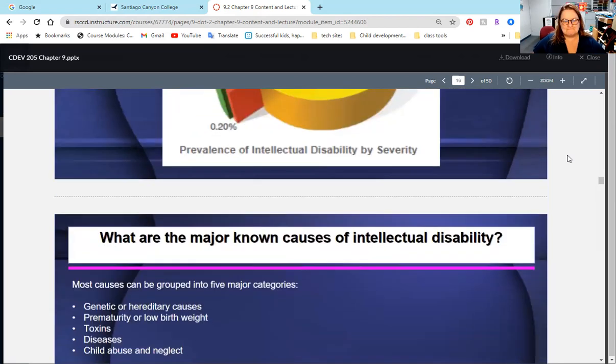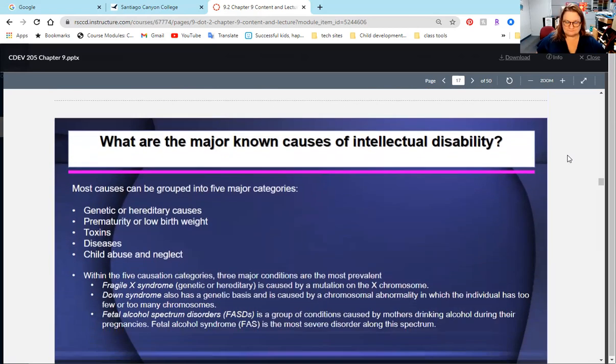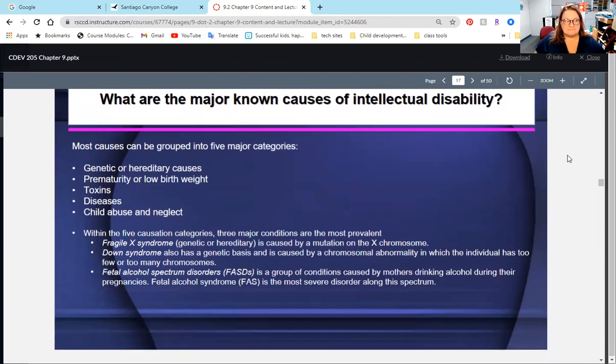You guys got that. Major causes: genetic, hereditary, kids who are born early, low birth weight, exposure to toxins, diseases, child abuse, neglect. Not a big surprise when a child, there were studies done in the 60s, and I think I did put, maybe not in here, but in 107, I put the SPIT studies.